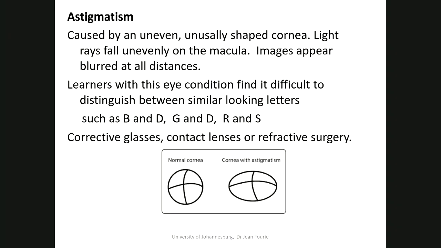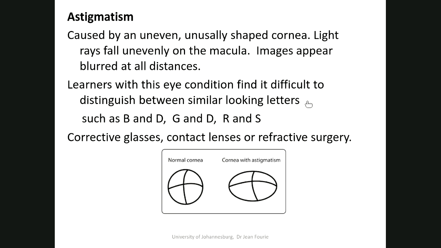Another thing that we often see with learners is astigmatism. Astigmatism is caused when the cornea, that's the outer edge of the eye, is uneven and unusually shaped, and light is falling unevenly on the macula. So instead of being a nice little sphere, there are some bumps and unusual shapes on it, and so some things will be in focus, some things will not be in focus.